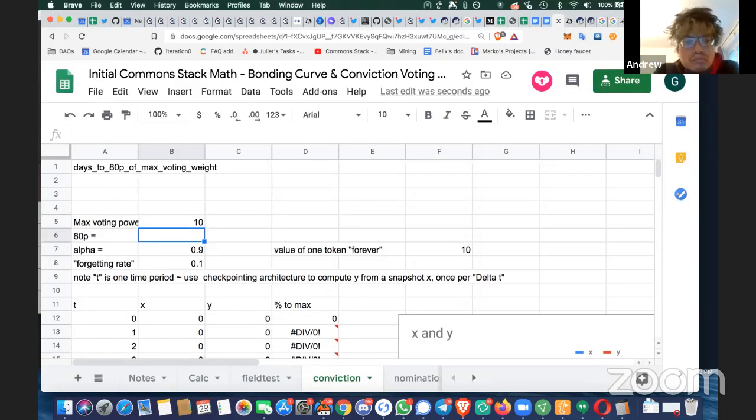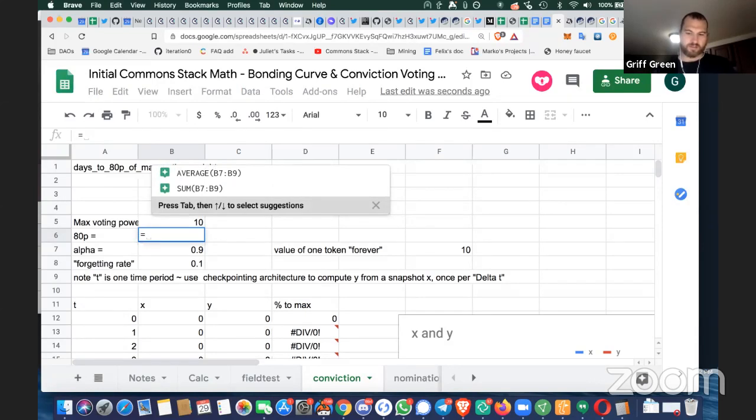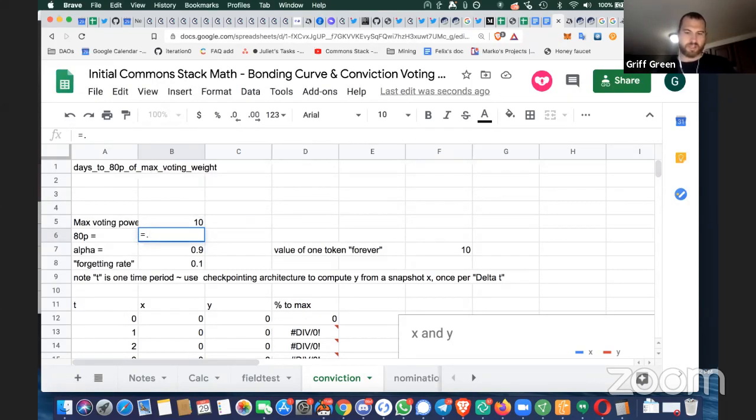So now 80% of that is 0.8 times, oh sorry, this is in days. So now times 1 divided by 1 minus this.